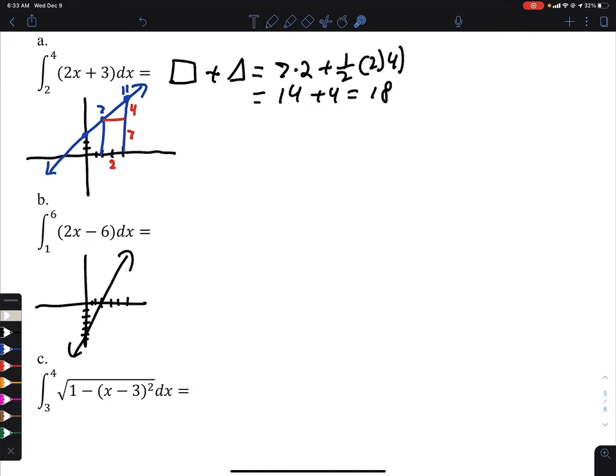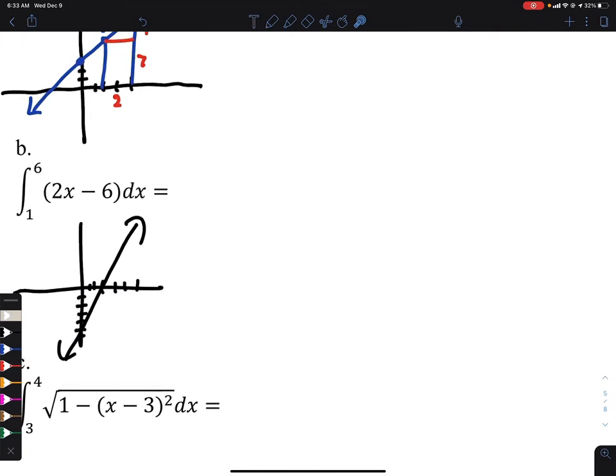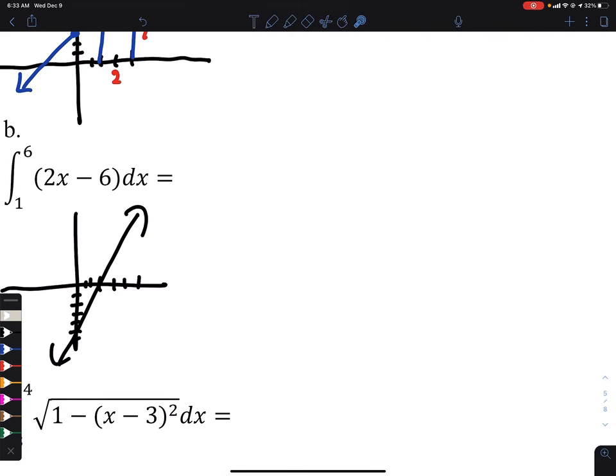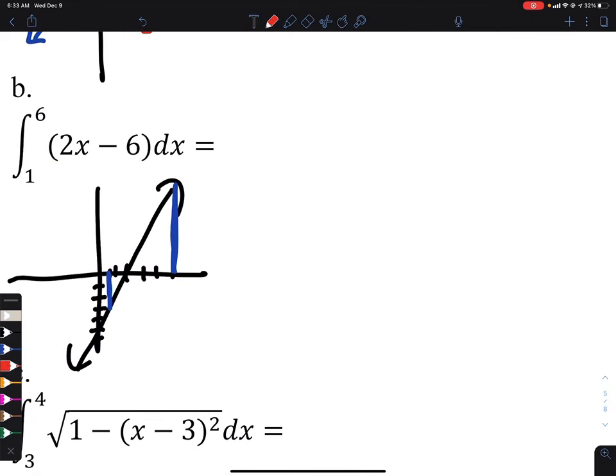So we want the net area, wow, I drew this small, from 1 to 6. So you have two triangles, one below and one above. So we need to know the value right there to get the height of the bottom triangle. So if we plug in 1, because it's 1 to 6, that's going to be -4. So we know that's -4.